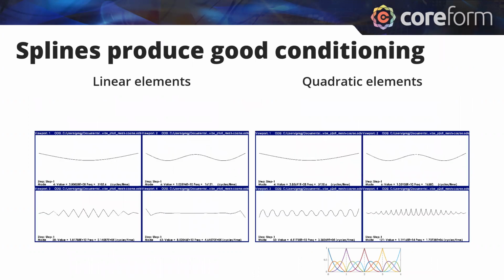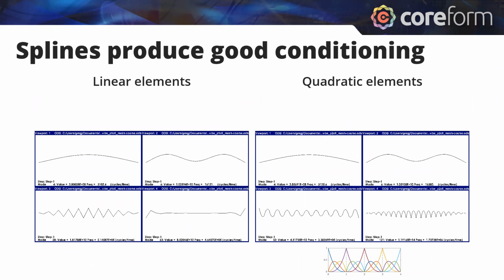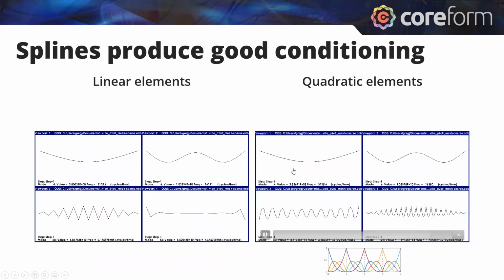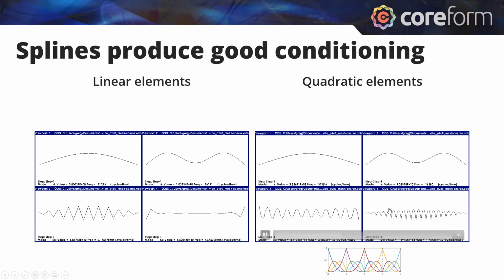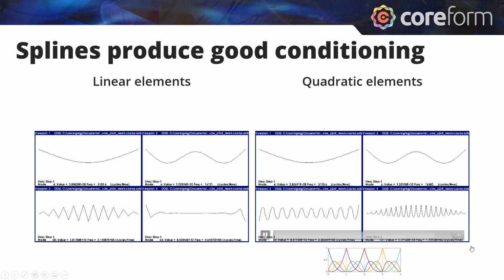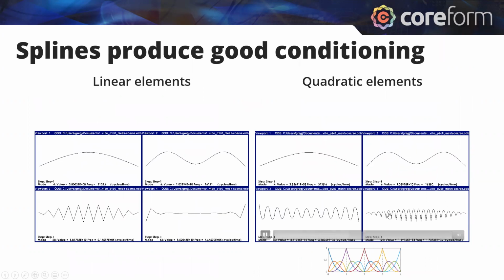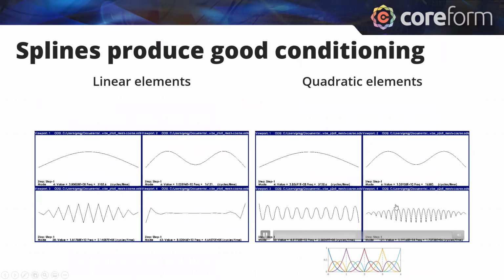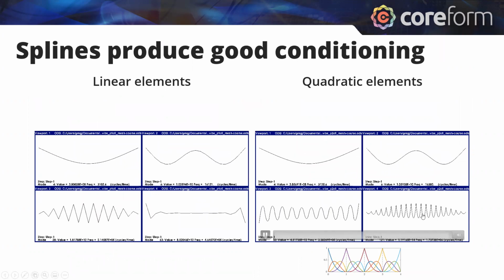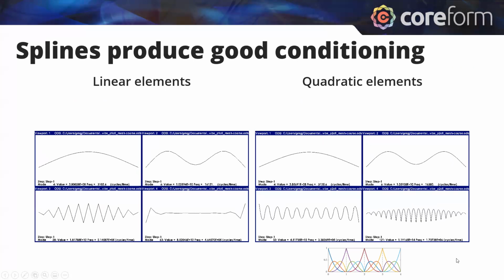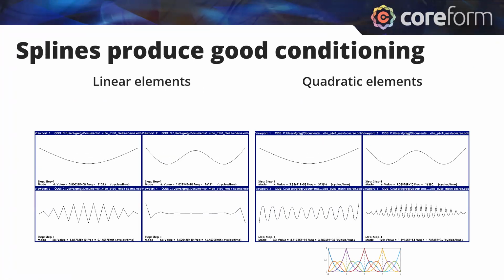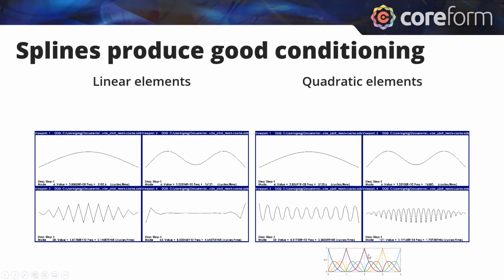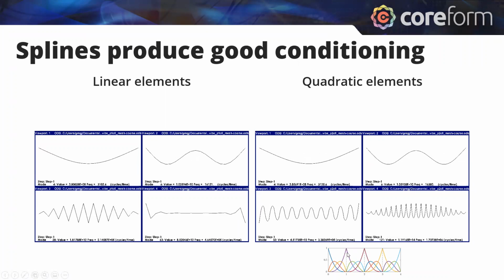Also, splines produce good conditioning. One of the challenges with high order elements is that you get really accurate results, but then the spectra of your solutions get contaminated with these admissible solutions that don't really look physical, and they add noise to your solver. So if you have an iterative method, it can struggle to converge. That comes from the bases that are only C0.